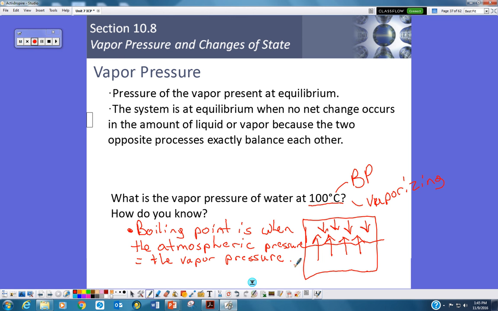If you increase the pressure, so if we were in a submarine trying to boil water at the bottom of the ocean, you're going to have to get it higher than 100 degrees Celsius. Wait, wouldn't the inside of the submarine be atmospheric pressure?